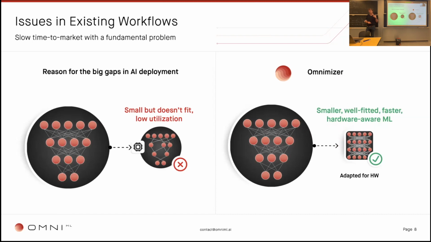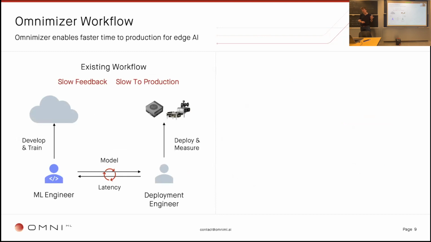So how do we envision we can change the existing workflow and how people think about it, right? Like I said, right now we have these slow manual feedback loops and production loops. What we want to do at OmniML is revert this problem.